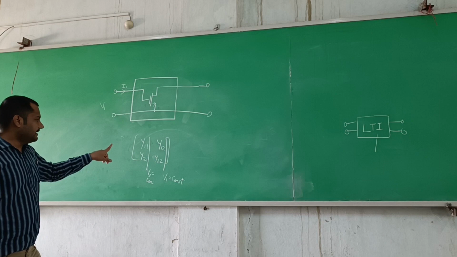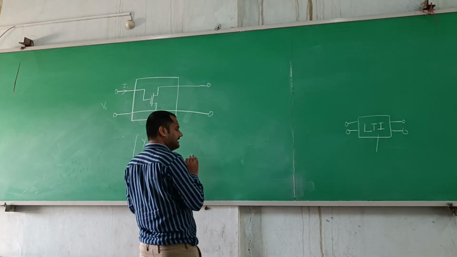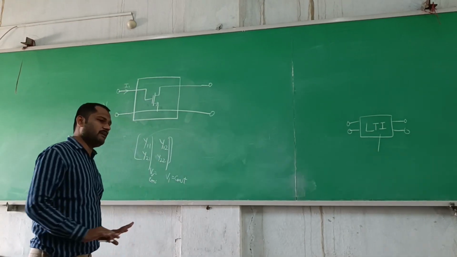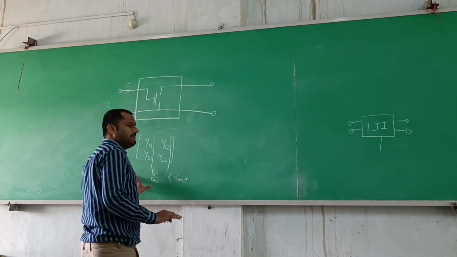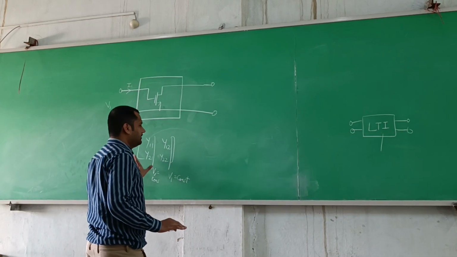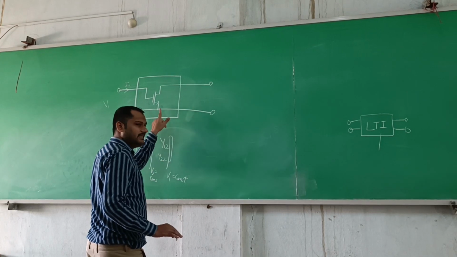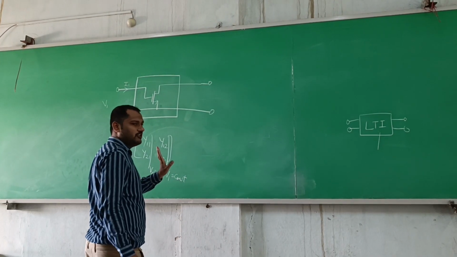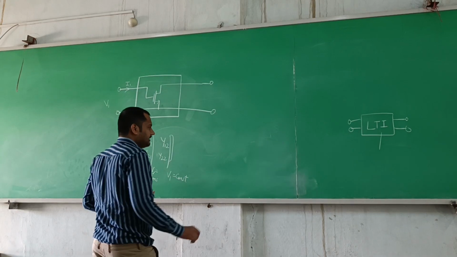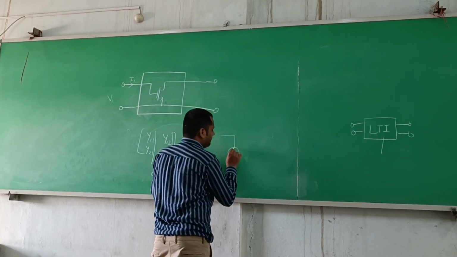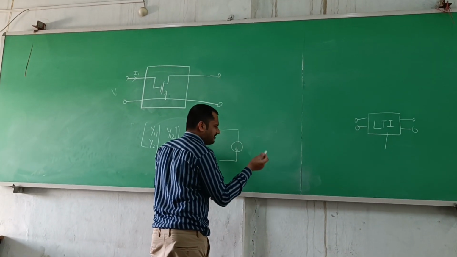This is the well-established theory of Y parameters. If you know the Y parameters of a device like this two-port network, you can convert this device into an electrical small signal model, which will look like this. This theory we will not revise now.